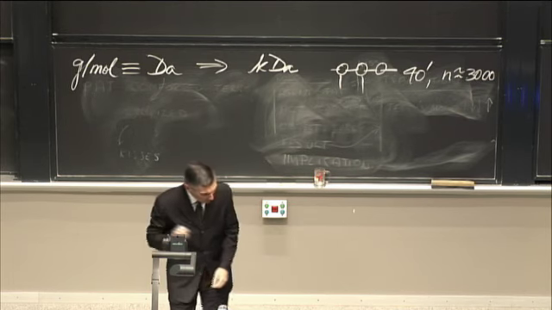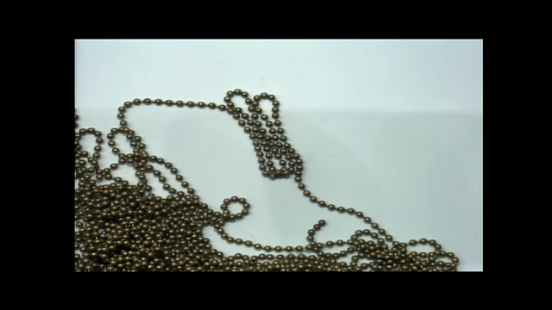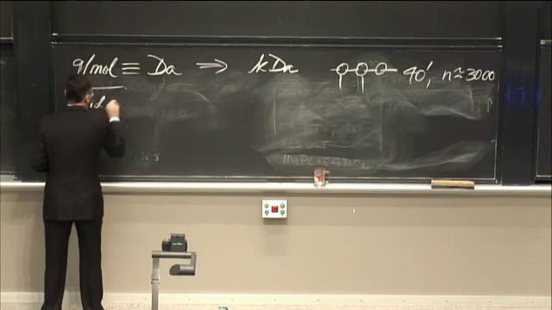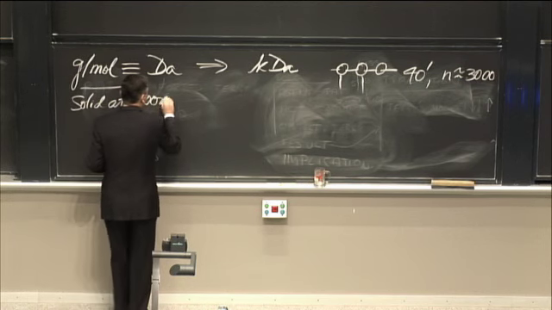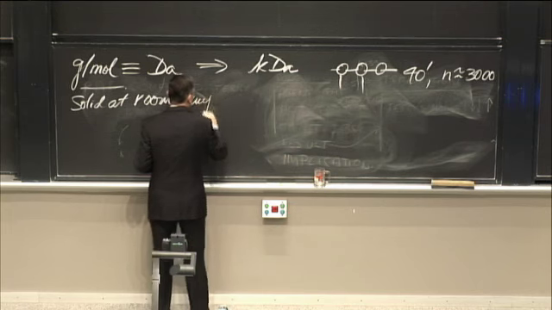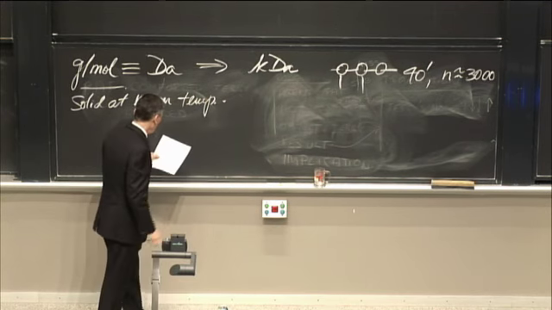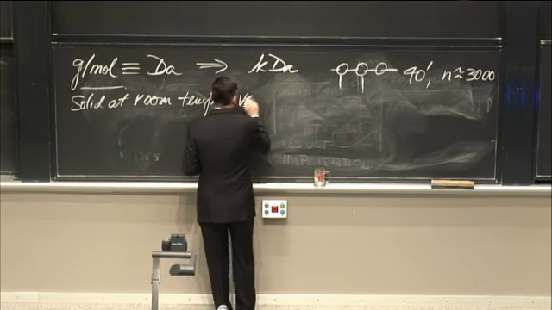Okay, so now let's have some time here to codify what we've just seen. First of all, we suspect that they're going to be solid at room temperature. Dominantly solid at room temperature, but we can engineer them to be liquid.